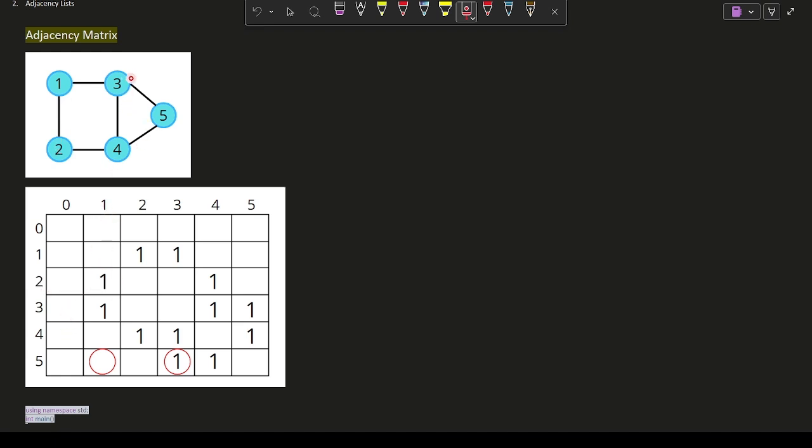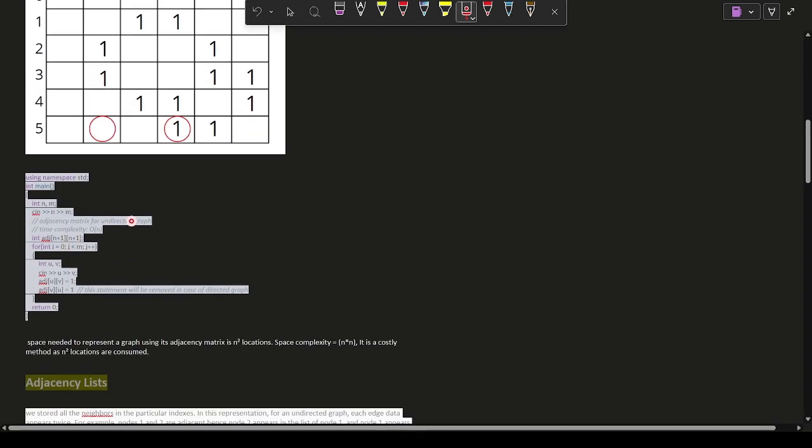And similarly 3 and 5 are connected, so (3, 5) gets 1, and similarly (5, 3) gets 1. Likewise (3, 1) and (1, 3) get 1, and (3, 4) and (4, 3) get 1. The remaining entries, which are not connected, leave blank or put 0. Both are okay. So this is the matrix representation.